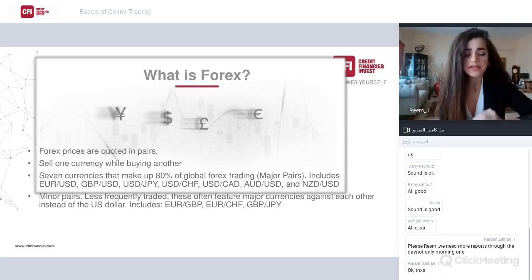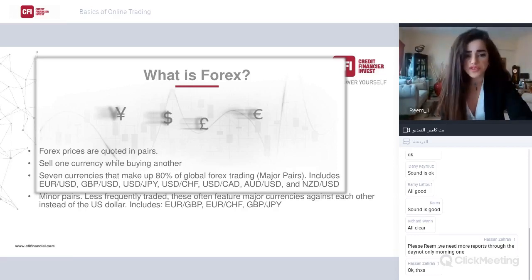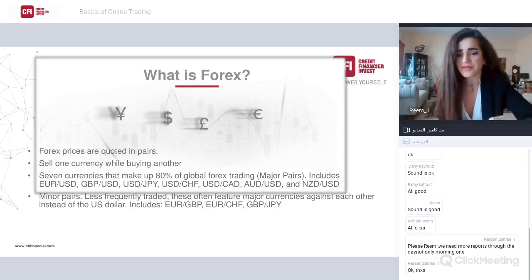So anytime you see that a pair has a US dollar in it, as you can see in this example: Euro US dollar, Pound US dollar, US dollar Japanese yen, US dollar Swiss franc, US dollar Canadian dollar, Australian dollar US dollar, New Zealand dollar US dollar. These are called the major pairs. Because, you tell me why? Because there is a dollar in this pair, okay?